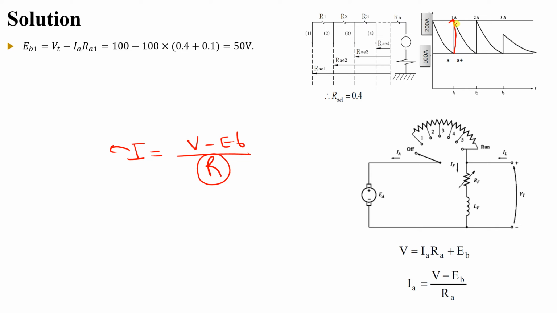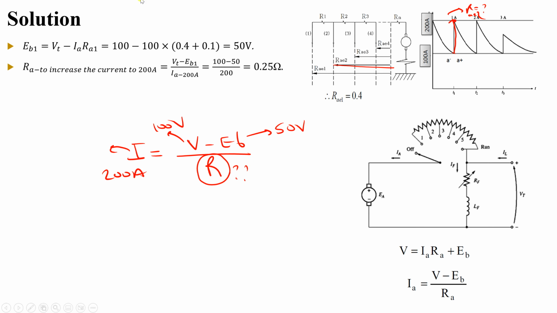So I would like to know at this point what is the new R? What is RE2? This resistance. I know that the current will be 200 amperes at the same E back 50 volt with the same supply 100 volt. So what about the new resistance? Again here, it will be 100 minus 50 divided by 200 gives us the new resistance.